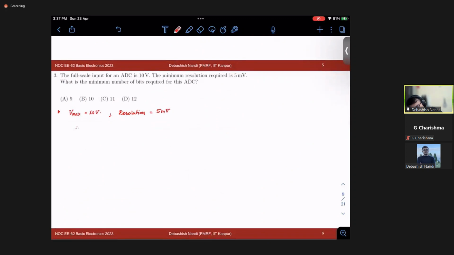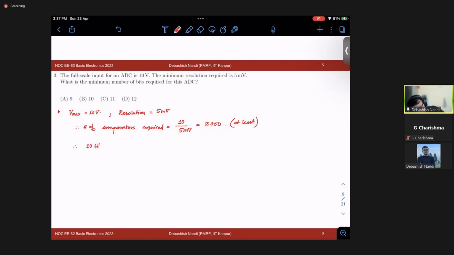Number of comparators required is 10 over 5 millivolt, that is nothing but 2000. So for 5 millivolt resolution we need at least 2000 comparators.